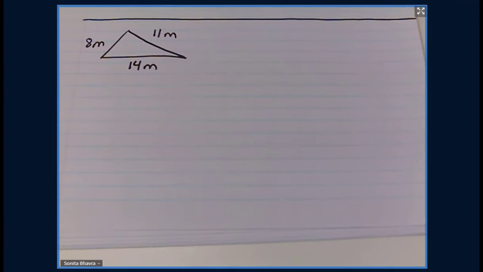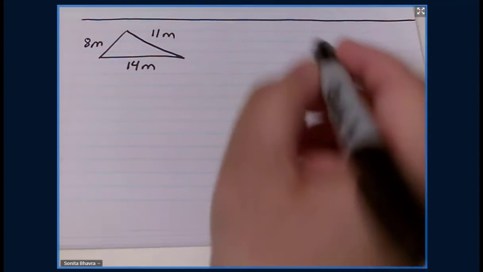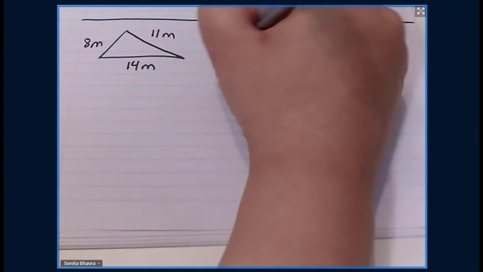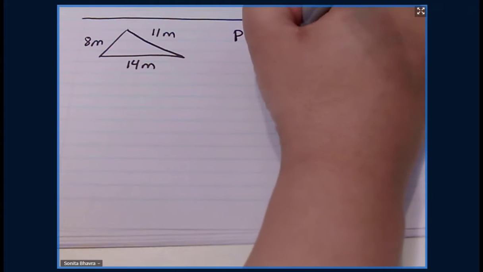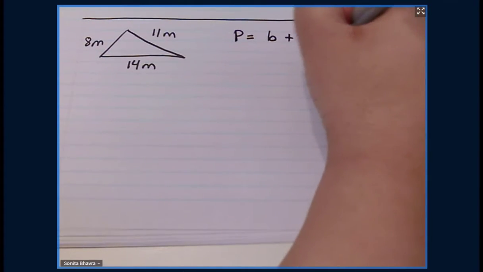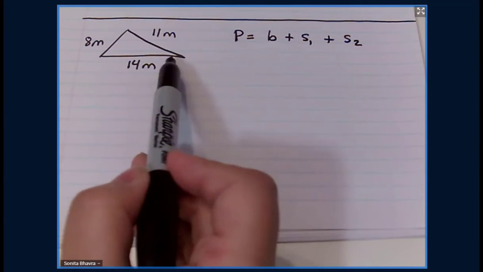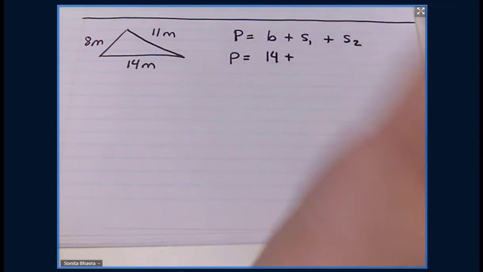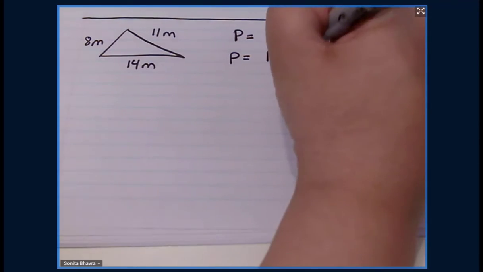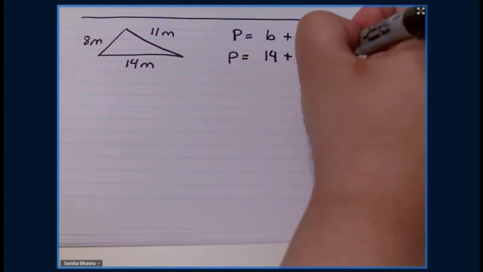Okay, so the next example we have here is for a triangle. And the formula for the perimeter of a triangle, it's basically adding up all 3 sides. But it's represented as B for base plus side 1 plus side 2. So our base would be 14. So perimeter is equal to 14 plus side 1, we can call that 8, and side 2 is 11.